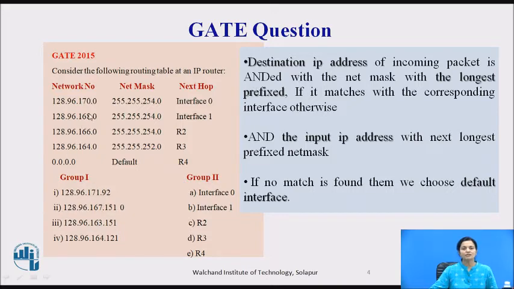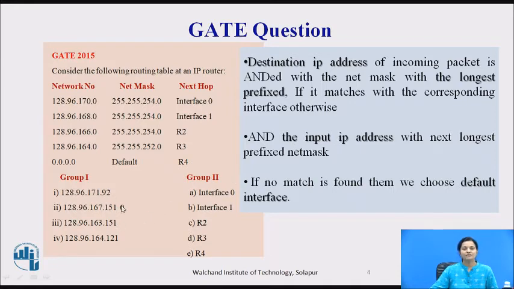So all of them we will convert into binary numbers and then apply the mask with the longest prefix network. So this mask will be used and we will check which is the maximum length possible, it will be the matching.